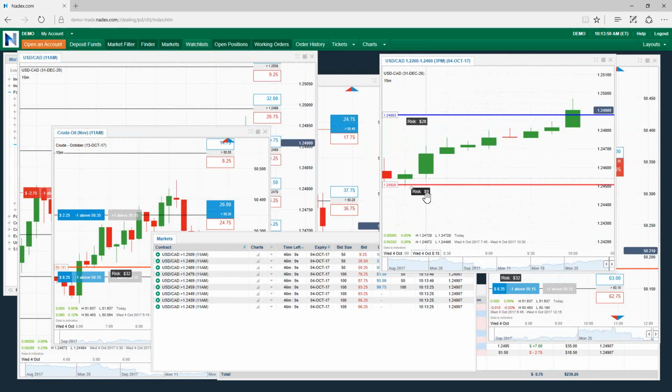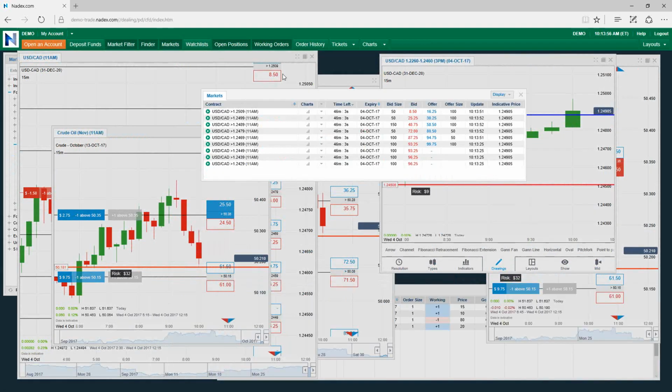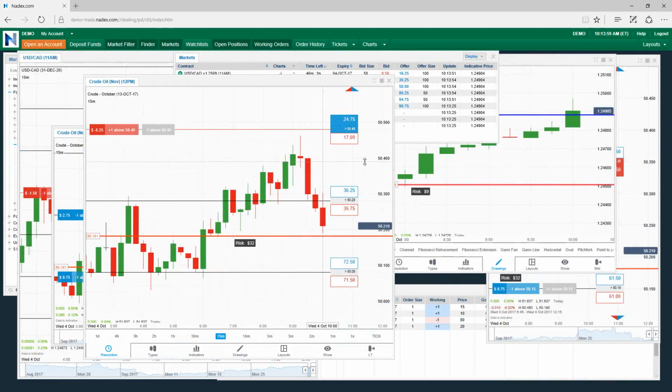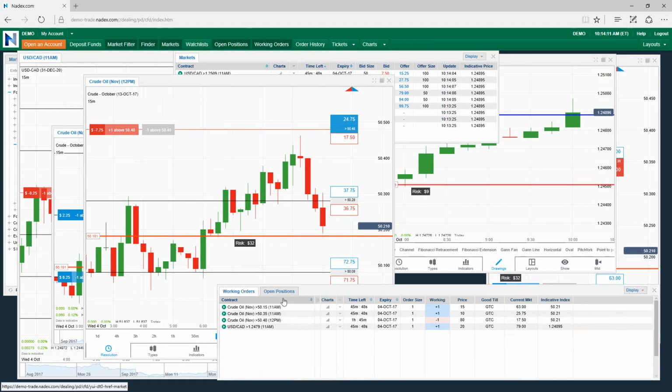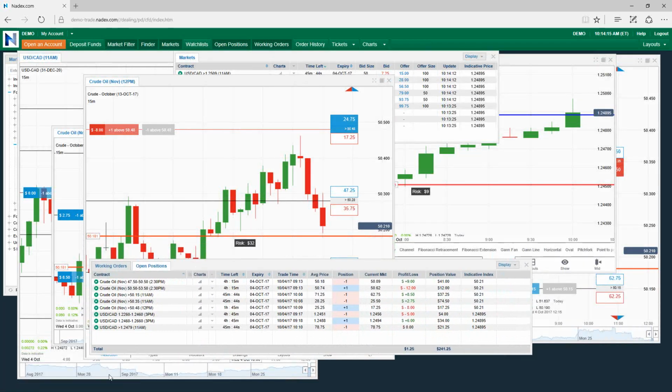On the short side is $9 of risk. Do you see that? And then, let's see if this is my crude. On the crude side, on the short, there's $32 of risk, and on the long, it's $24 of risk. Now, how is that calculated? Does anybody know?